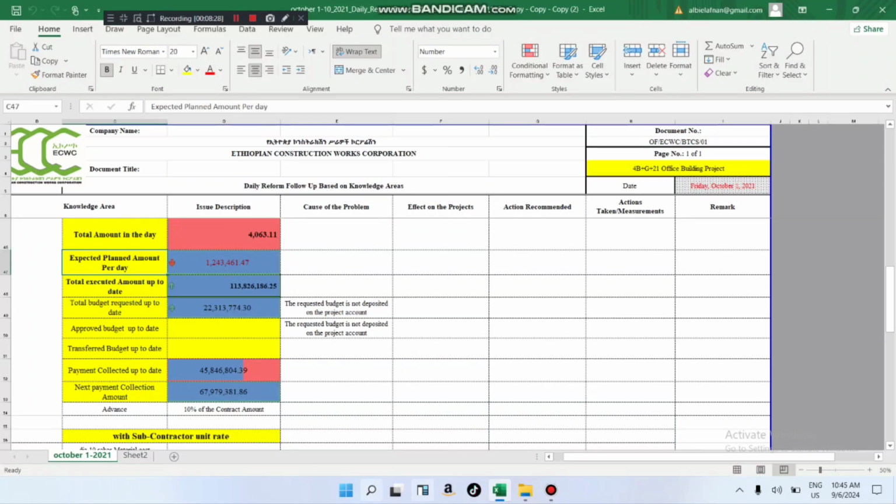For example, if you have a budget, you have to make a plan first. From the plan, per day they plan to work up to 1 million. Of the 1 million that is planned to be executed, they executed just 40.